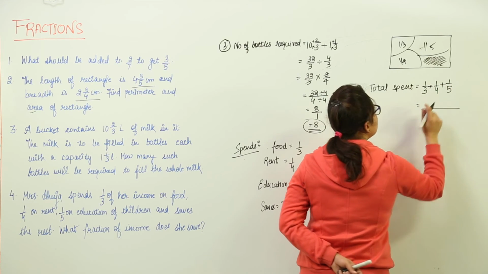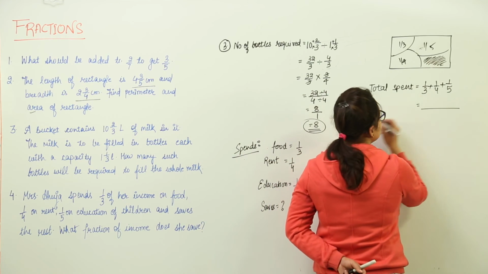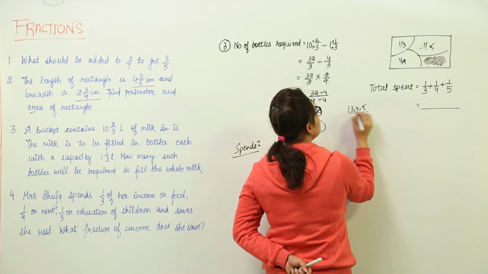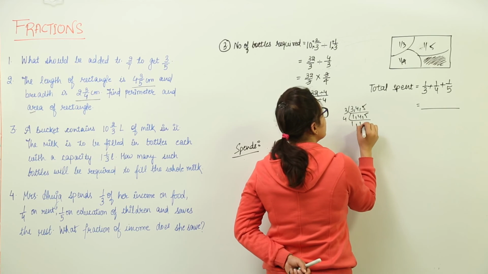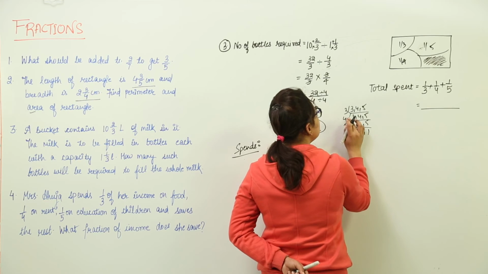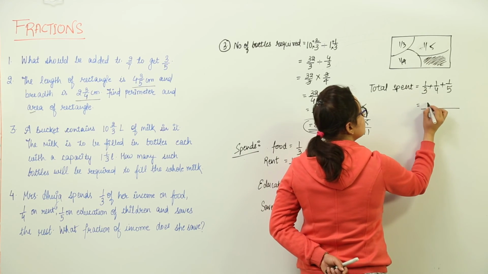Now how to add the fractions? We can take out their LCM, and the LCM of 3, 4 and 5 would come out to be, 4 ones are 4 and 5 ones are 5, 5 fours are 20, 20 threes are 60. So we get 60 as the LCM.